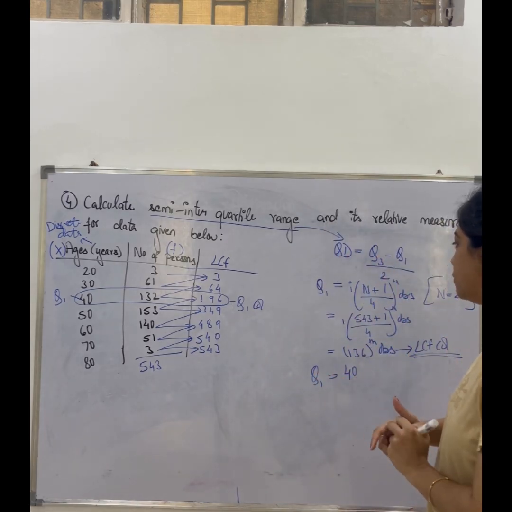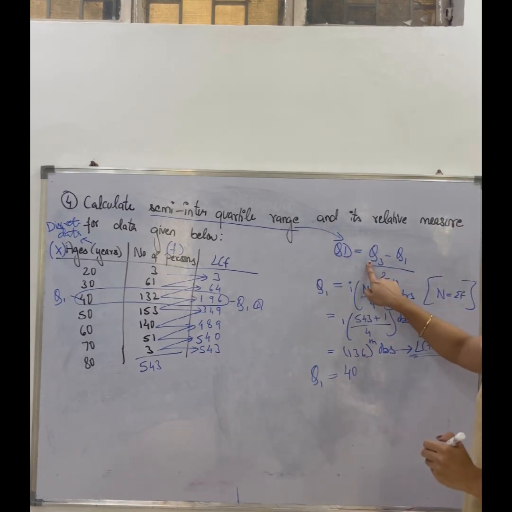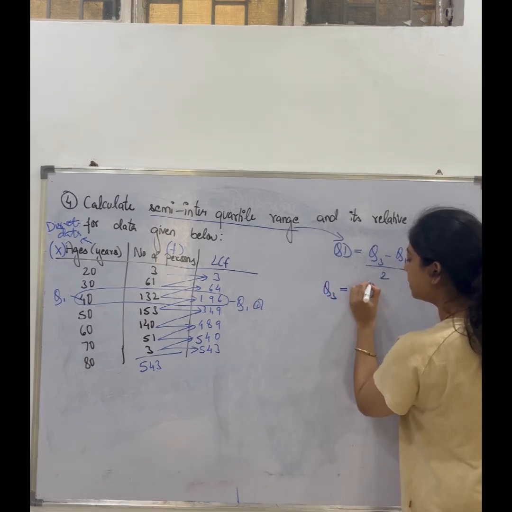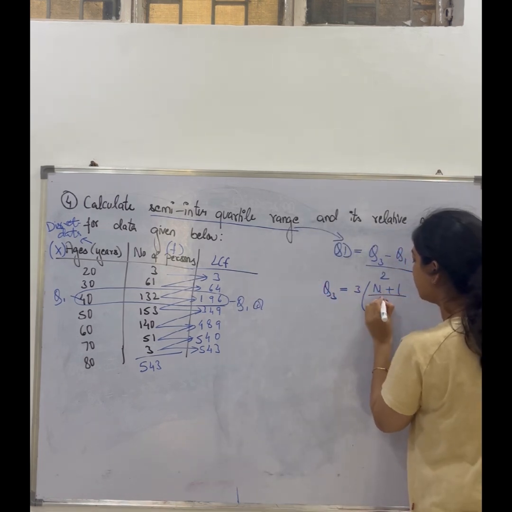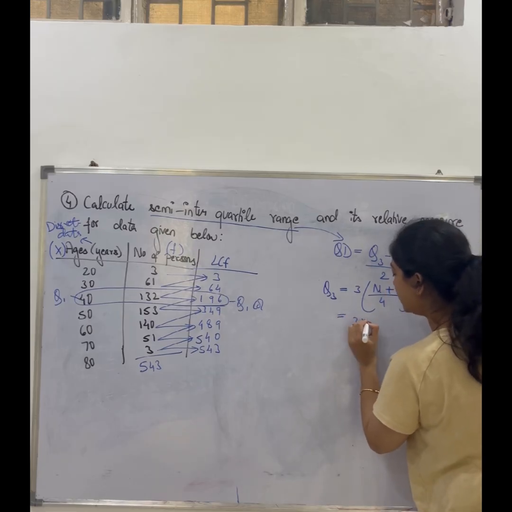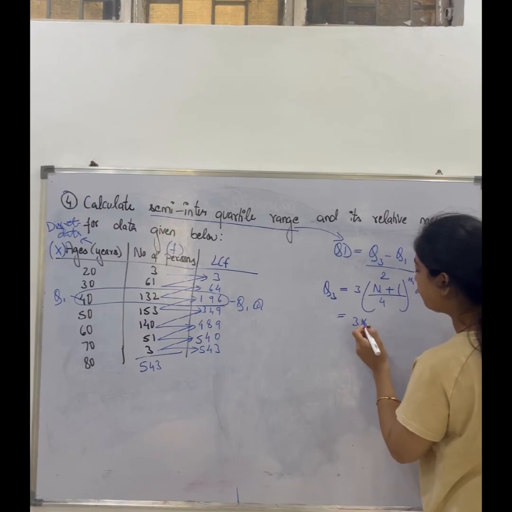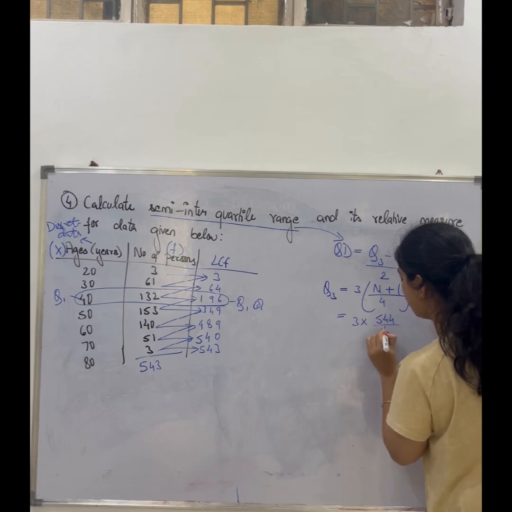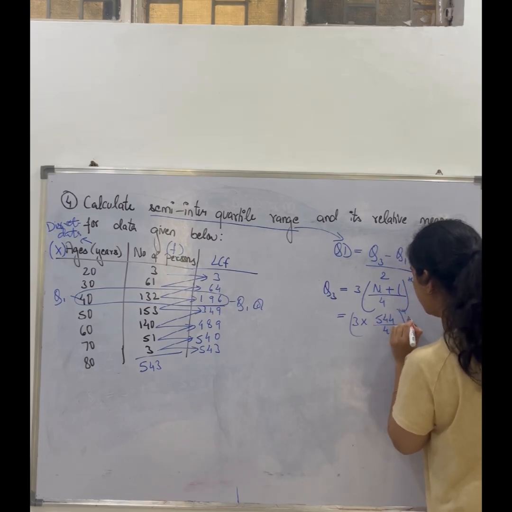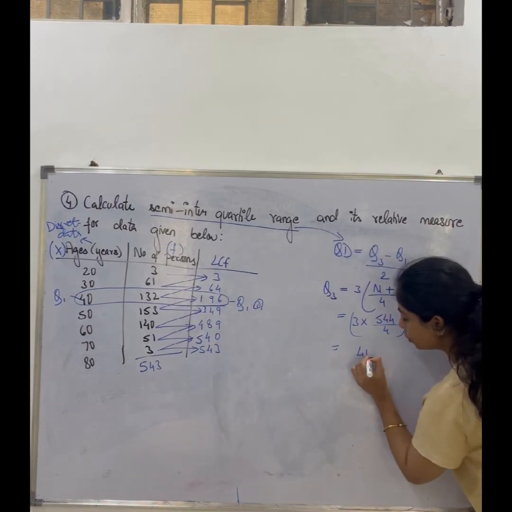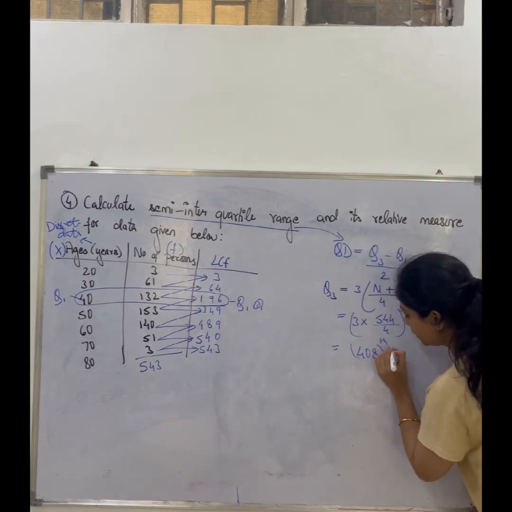Now once you have got your Q1, we have to find your Q3 value. Q3 will be nothing but 3 into (N plus 1) by 4th observation, which is 3 into 544 by 4 observation, and your answer for this is 408th observation.